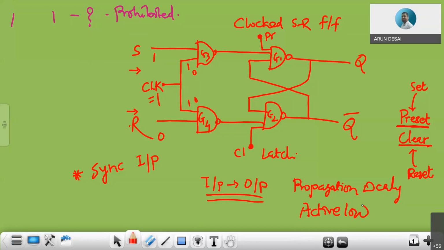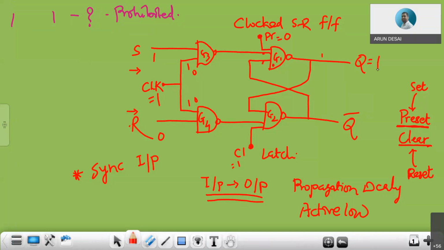So suppose preset is 0 and clear is 1. At that moment, whatever values are there on those two wires are not considered. If it is 0, this becomes 0, and 0 is inverted to 1.